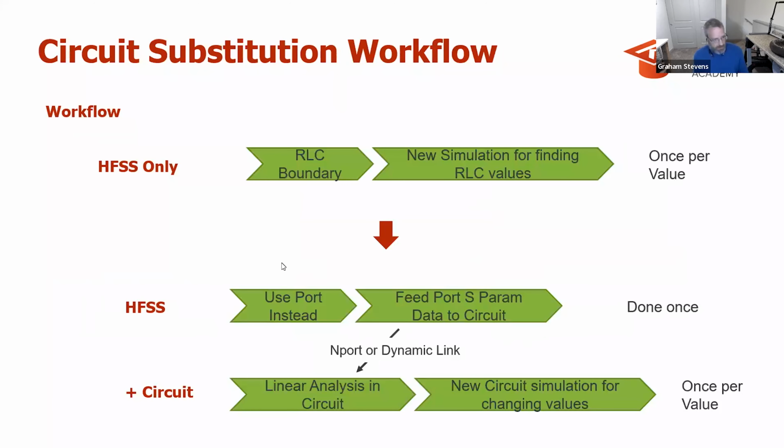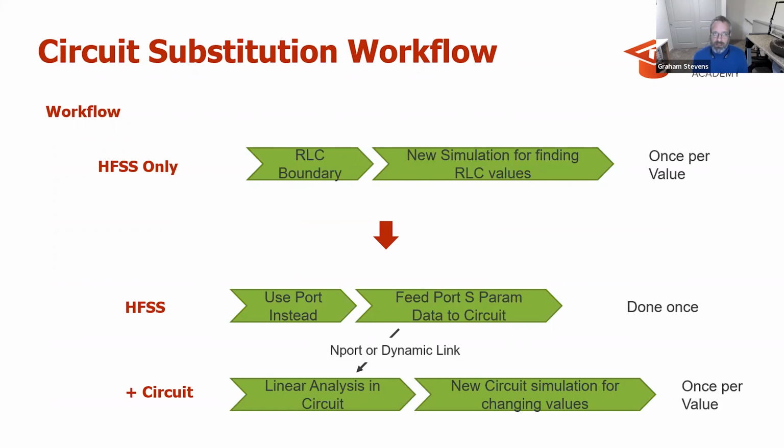So today then I wanted to just introduce this method of speeding up your simulations. The typical RLC boundary simulation is depicted at the top here, where you use HFSS only. So I have my simulation. I put my passive into the simulation with the RLC boundary, and then I simulate and I get a value.